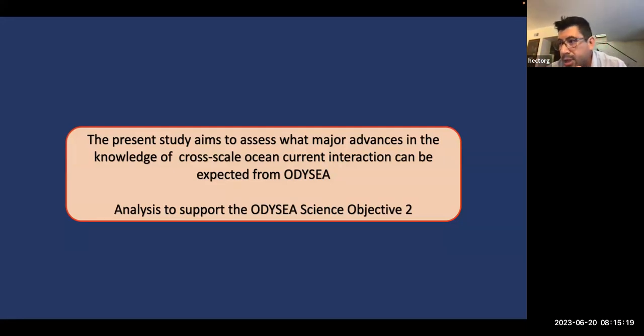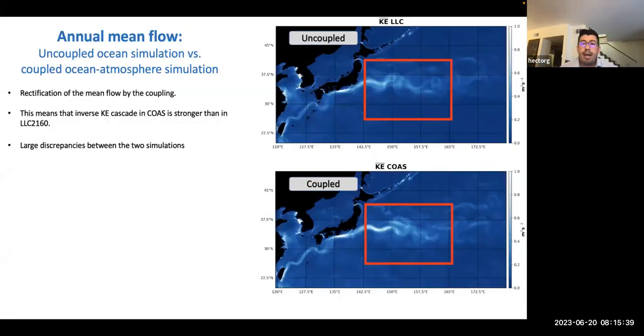And the idea first is to identify the effective resolution of ODYSEA, whether the temporal sampling is good enough, and if ODYSEA is able to capture the dual kinetic energy cascade plus the seasonality of the small scale motions. So first, the task was to choose the numerical model.